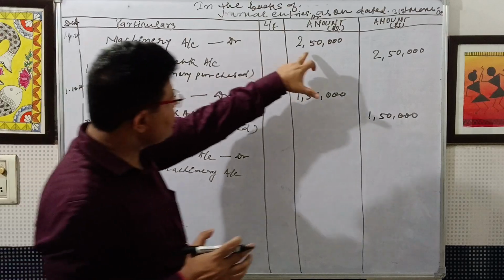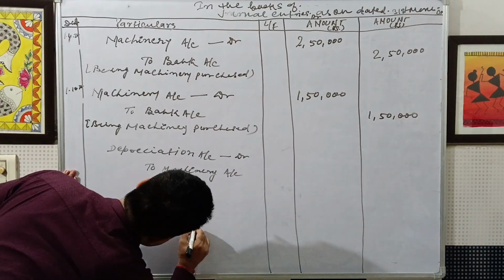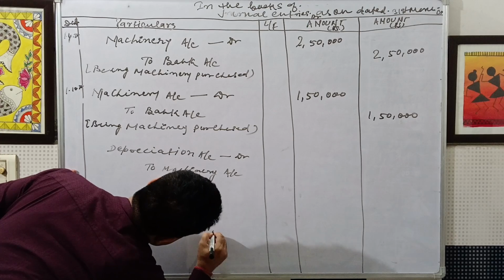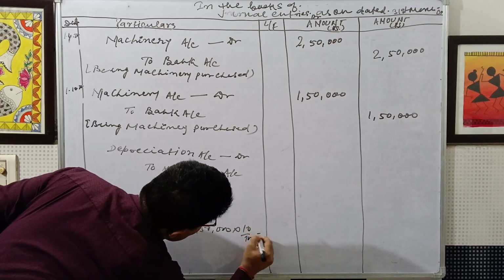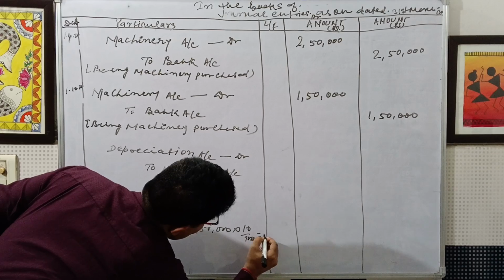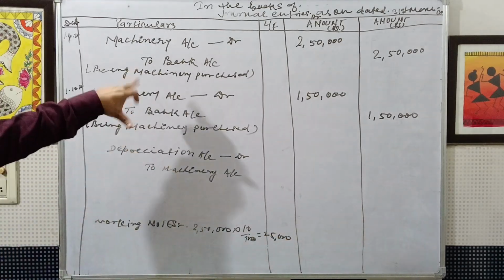Depreciation is 2,50,000 into 10%, which means 25,000.